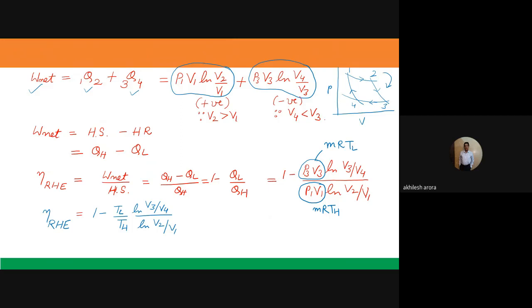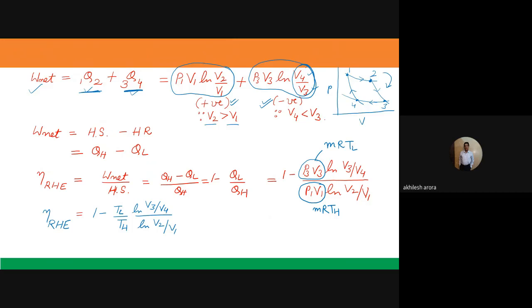So you can see in this diagram that V2 is greater than V1. You can see it here. This is V2. This is greater than V1. Okay, so this is a positive quantity. If you see V3 and V4, V4 is here and V3 is here. So this ratio is actually less than 1, so it's a negative term. So effectively, Q1 to 2 and Q3 to 4 are showing the heat transfers during the process 1 to 2 and 3 to 4.